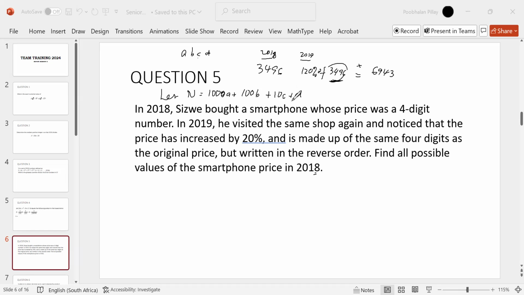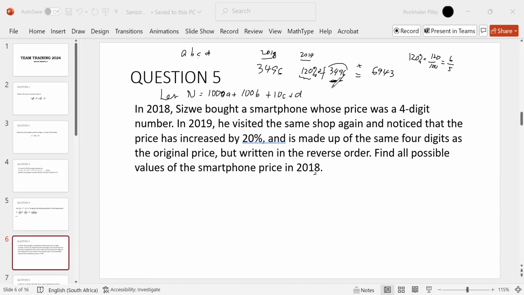I've got 4 unknowns. So what information are we given? We're given 120% of that number. Now 120% is 120 over 100, and that is 6 over 5.